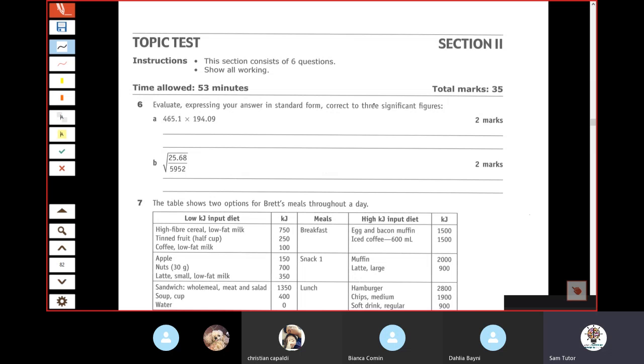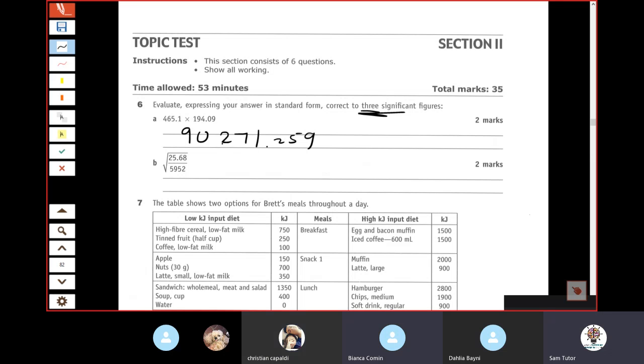Okay, let's just do this on the same page. 3 sig figs. Let's plug this into our calculator. I got 9271.259. It wants it only in 3 sig figs, so 1, 2, 3.